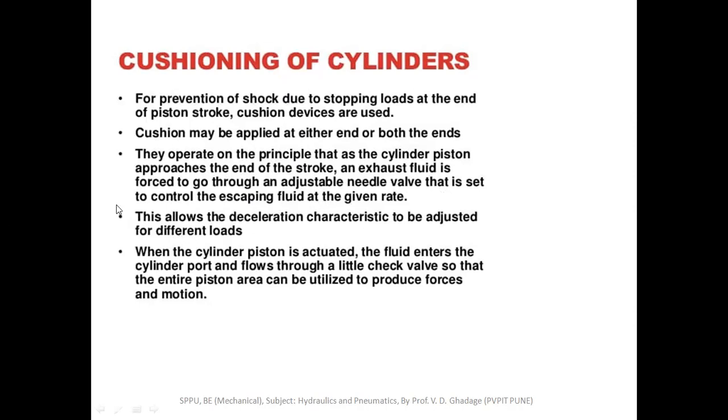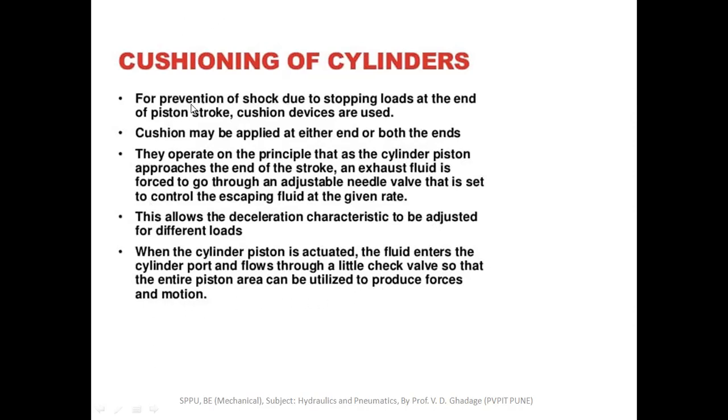This allows the deceleration characteristic to be adjusted for different loads. When the cylinder piston is actuated, the fluid enters the cylinder port and flows through a return check valve so that the entire piston area can be utilized to produce force and motion.